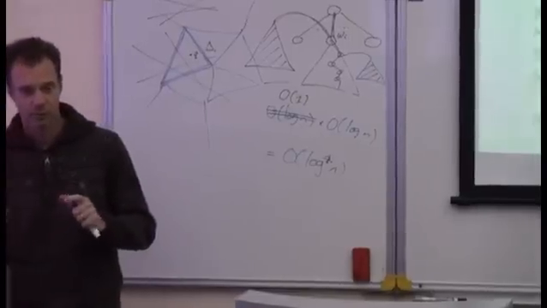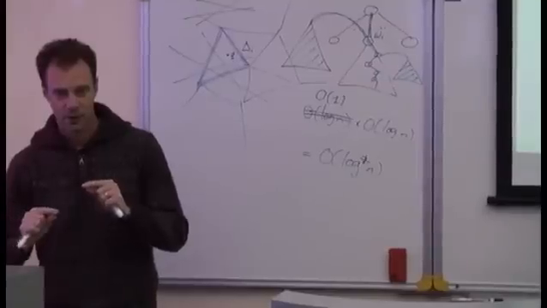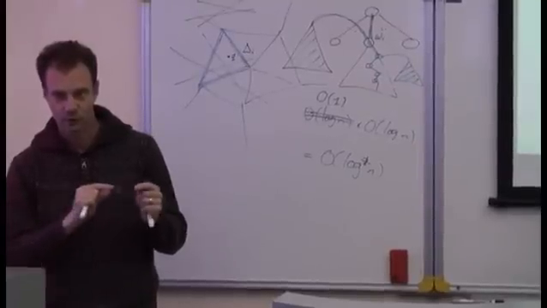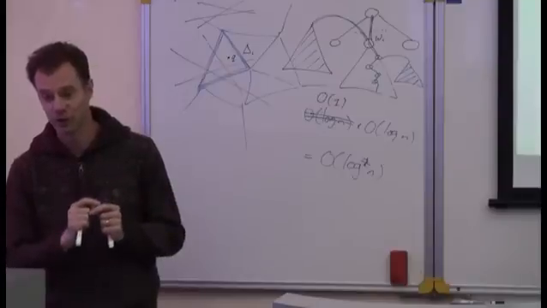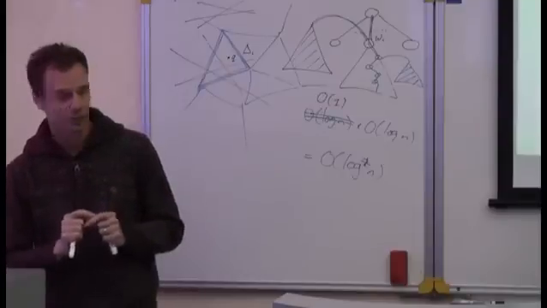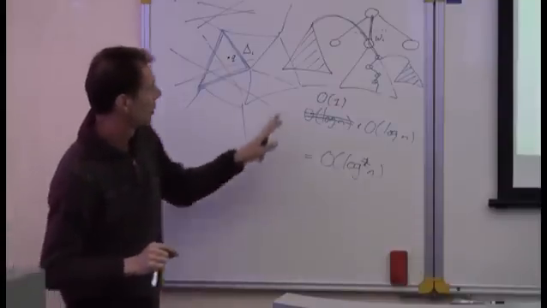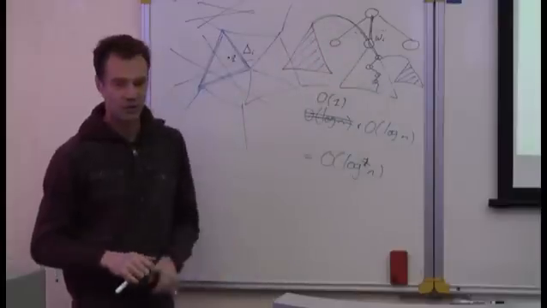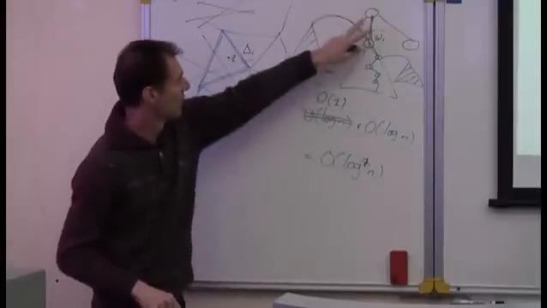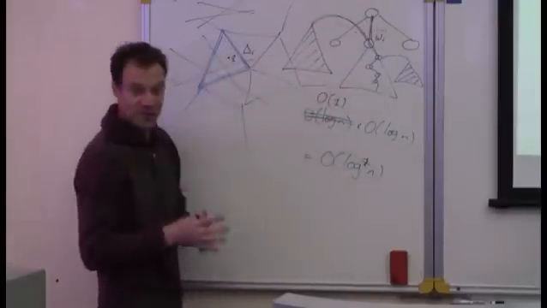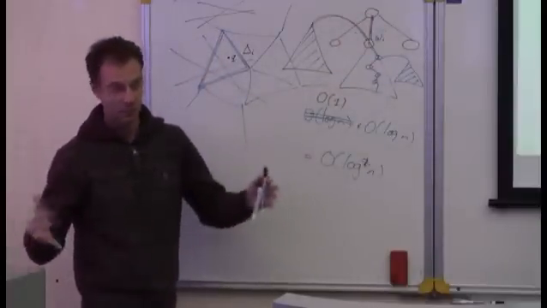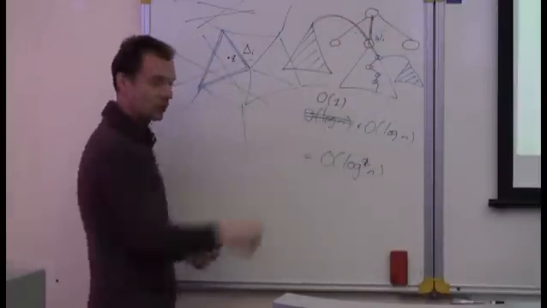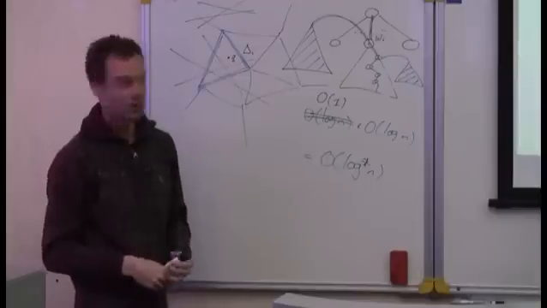So actually I'm forgetting one thing here, or I'm cheating a little bit. Where I'm not cheating is, I go down the tree, the number of levels is a constant, 1 over epsilon.